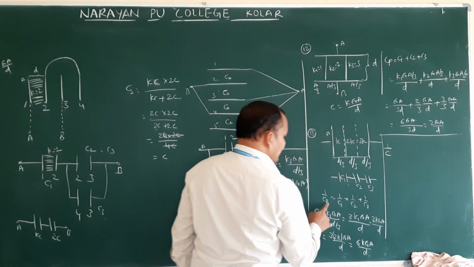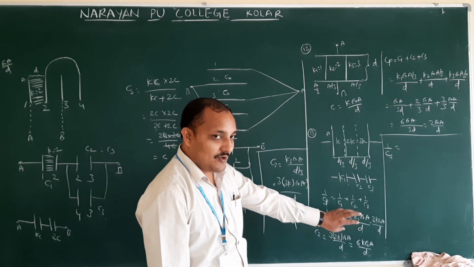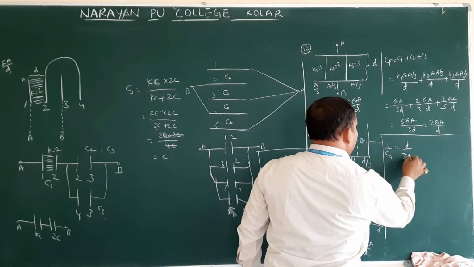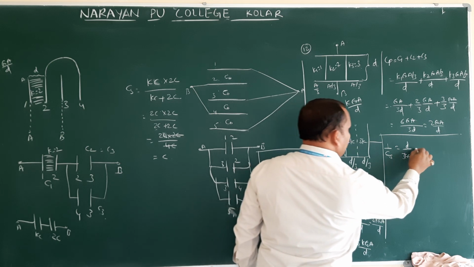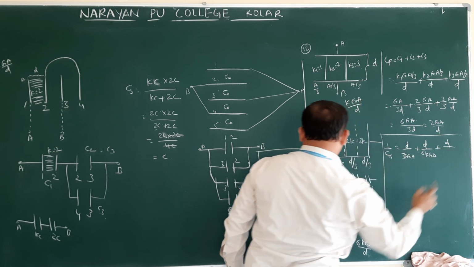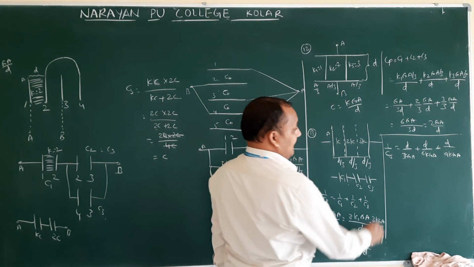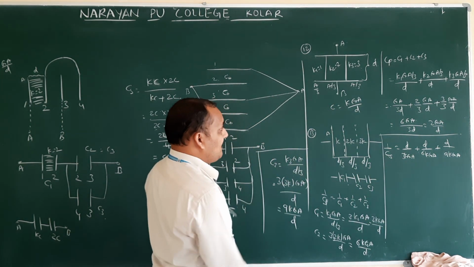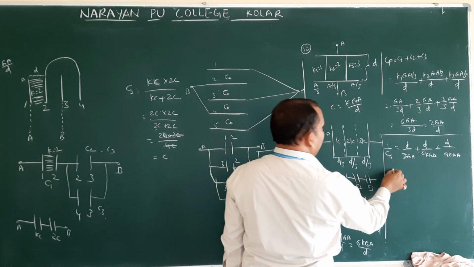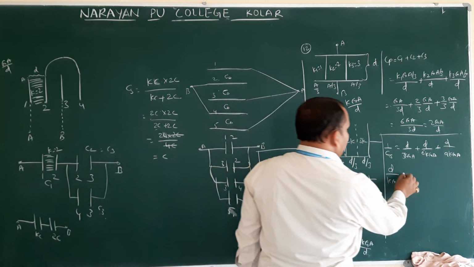Therefore 1 by CS, now CP. 1 by CS is equal to 1 by C1. 1 by C1 means I am going to reverse it and write D by 3K epsilon naught A, plus D by 6K epsilon naught A, plus D by 9K epsilon naught A. So the resultant capacity formula will be K epsilon naught A by D. Then reverse means D by K epsilon naught A. What is common here?